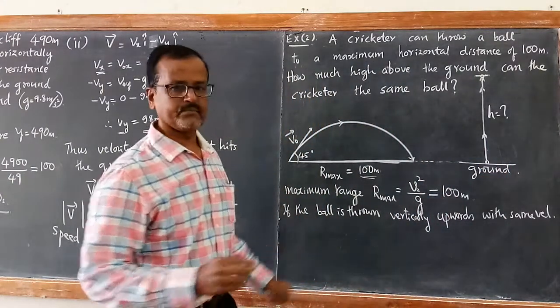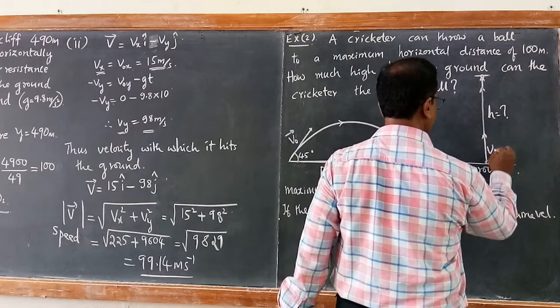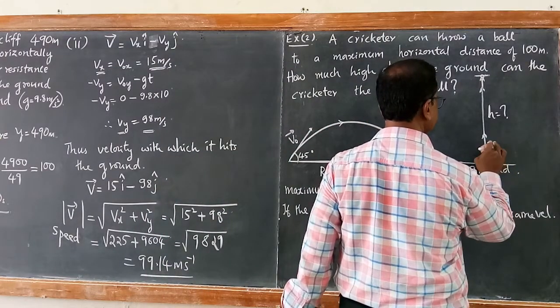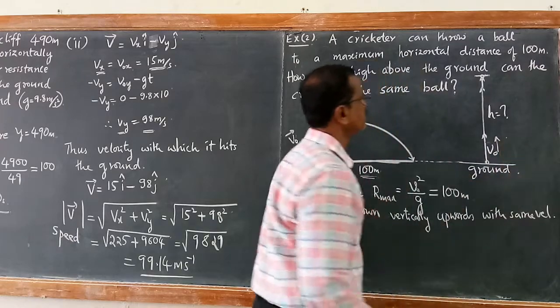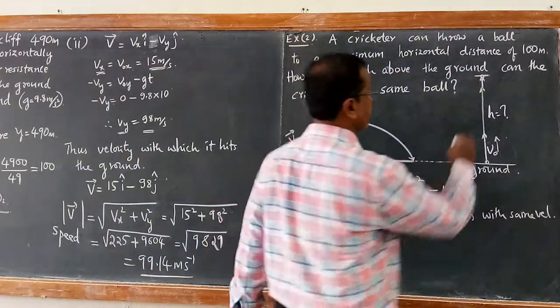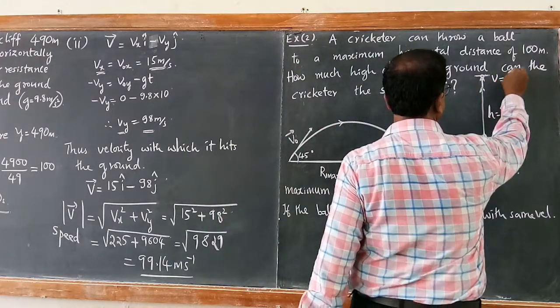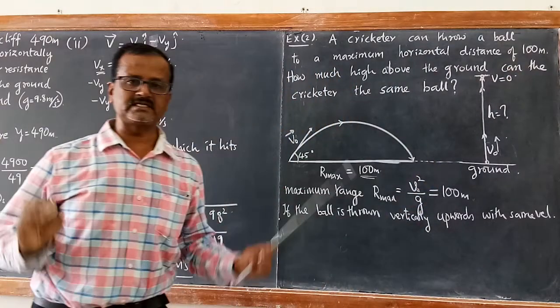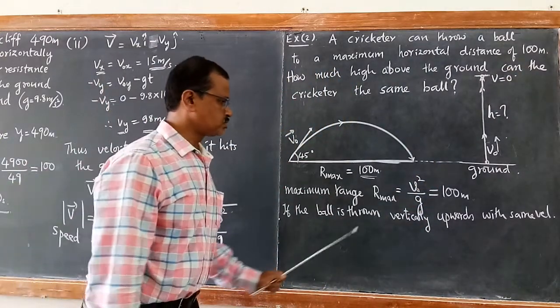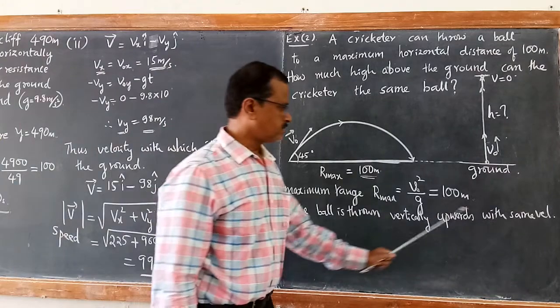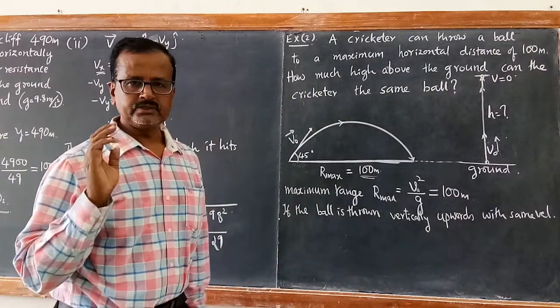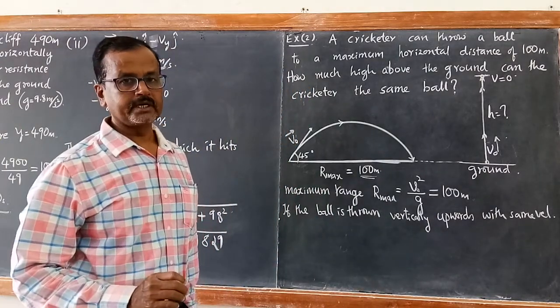Initial velocity is the same, v0. It is thrown up with initial velocity v0, vertically upwards. The final velocity when it reaches maximum height becomes 0. So the height can be calculated using the third equation.